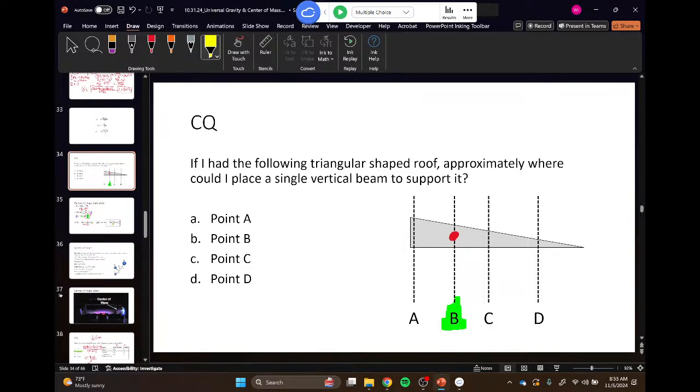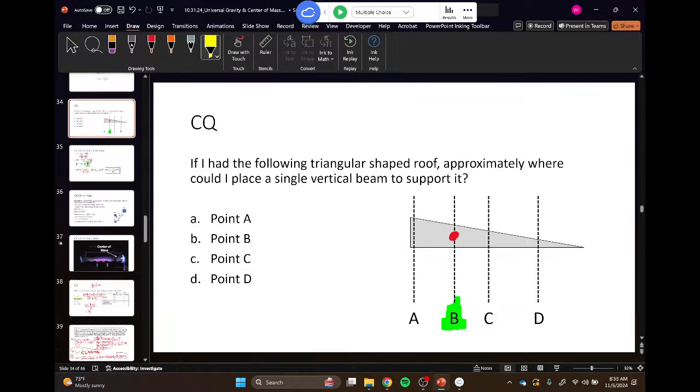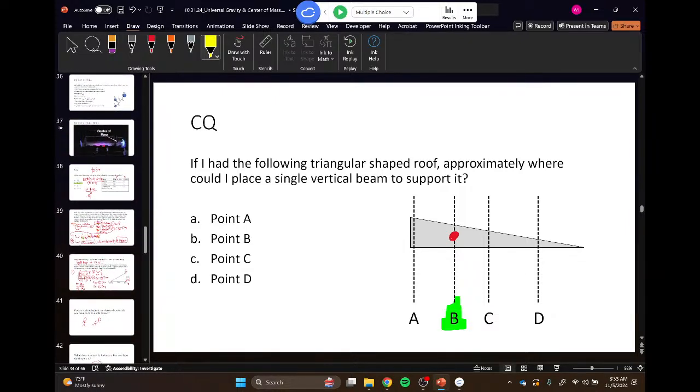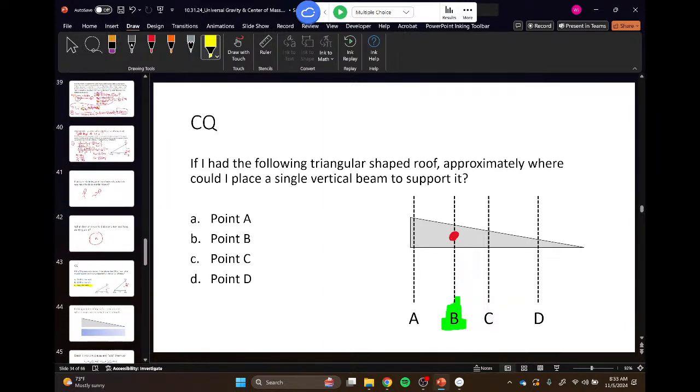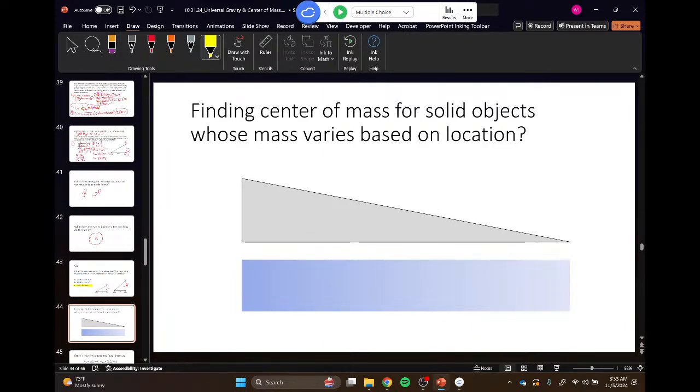If you really wanted to, you could do the center of mass calculation by doing the individual atoms and where they're located. And that's awful. We're not going to do that. That's crazy. But if you want to sum up an infinite number of things, what's our symbol for the sum of an infinite number of things? It's an integral.